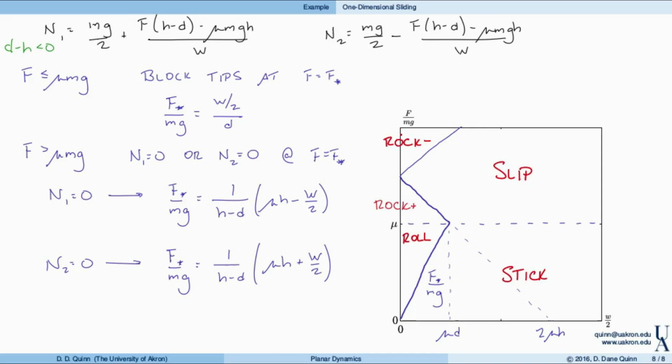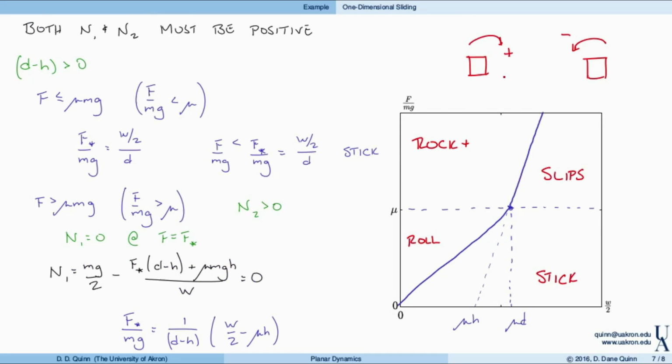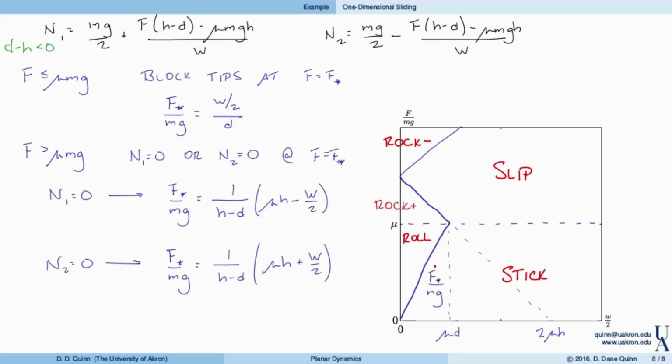Rock in the minus direction, so that would be reverse rocking, is in this region. Rocking in the positive direction is here, and recall we defined those positive and negative directions in that way. And then in this region we have roll, so that's defined as the block not slipping but just tipping over, stick, and again slip.